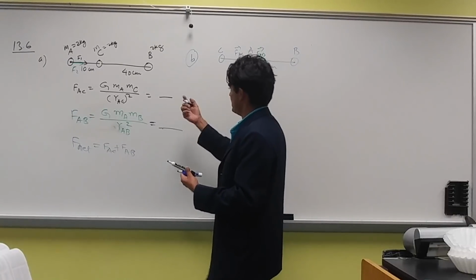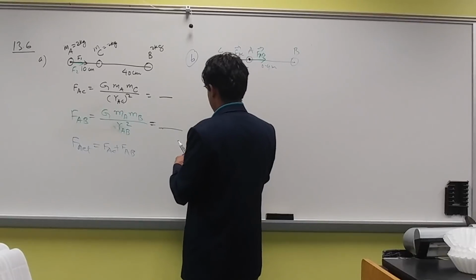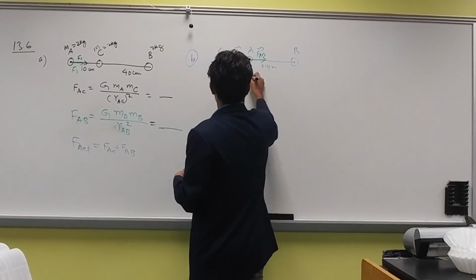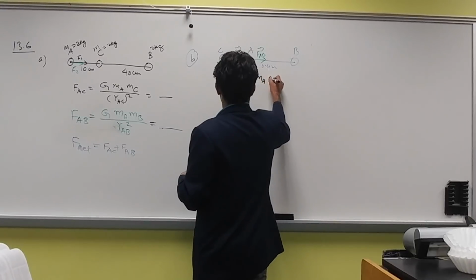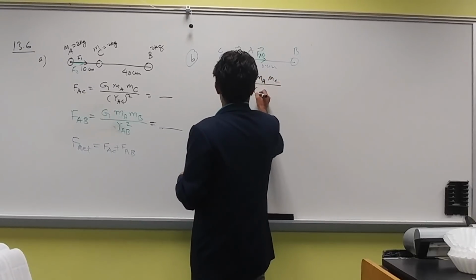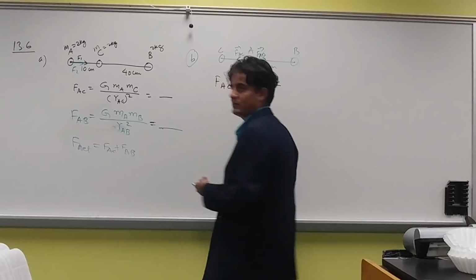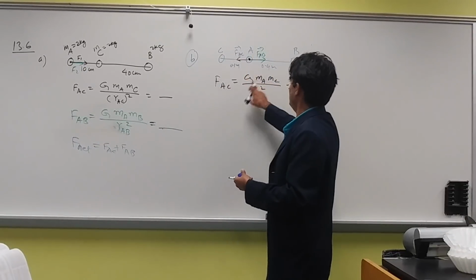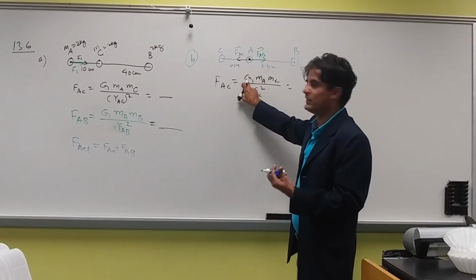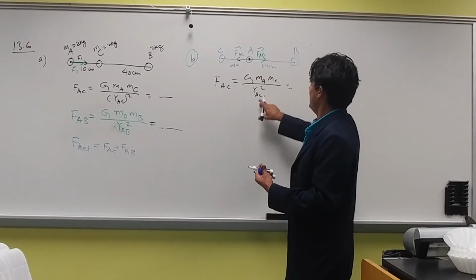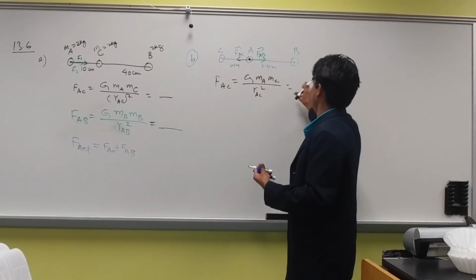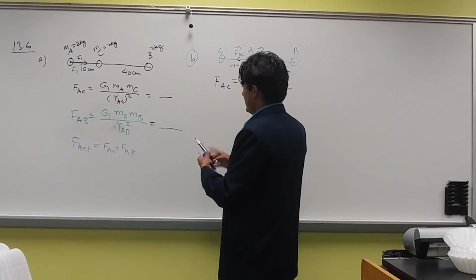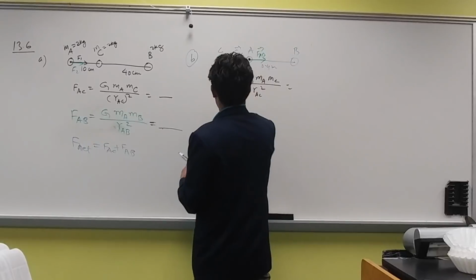All you do is the same thing. The formula will be F of AC equals G mass of A mass of C divided by R of AC squared. Plug all those numbers: mass is 2, G is 6.67 times 10 to the negative 11, RAC is 0.1 meter squared. Find the force. And the other one is what? Now you have FAB.